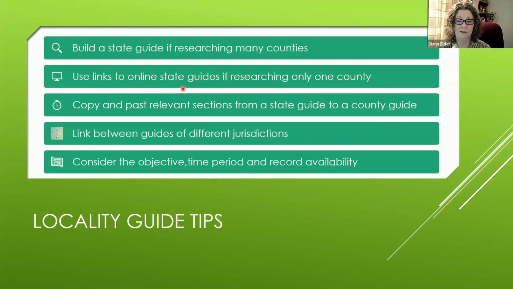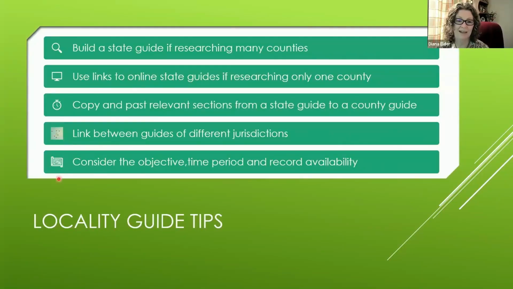You could purchase those for your state. So you could use those if you really don't want to work on a state guide. And then, as I showed you, copy and paste relevant sections into your county guide. And you can link between guides of different jurisdictions. Maybe you have links in your state guide to all the different county guides. So you can really help yourself out by linking between the two.